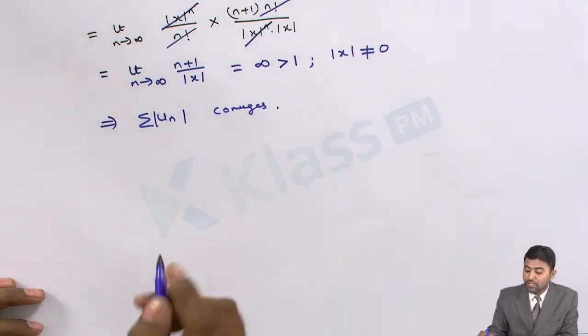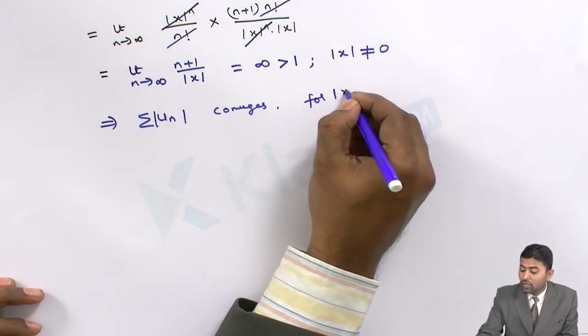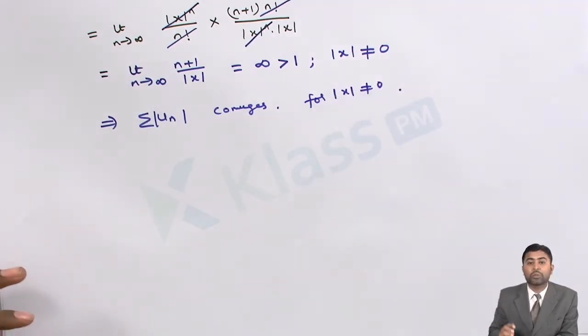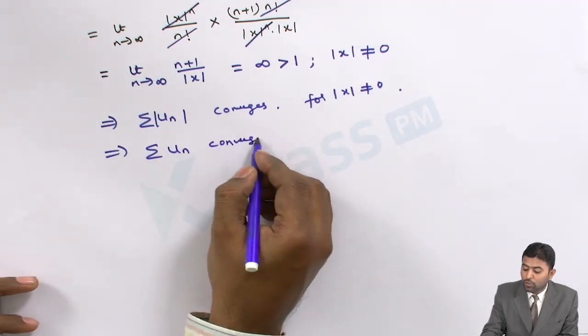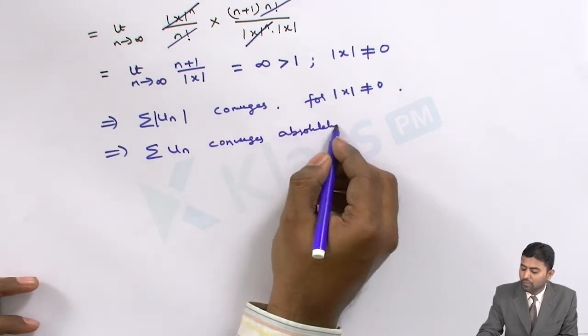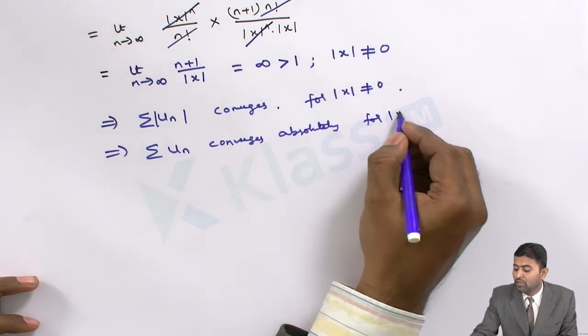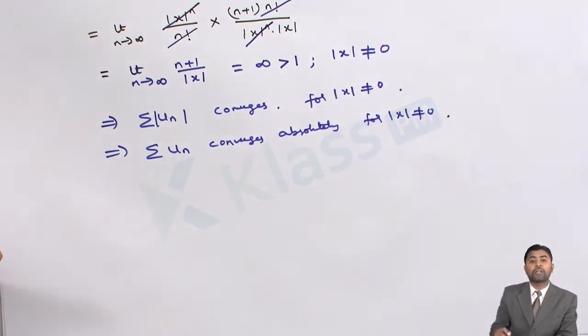Converges for |x| not equal to 0. It implies summation un converges absolutely, for |x| not equal to 0. But what happens when x is equal to 0? We need to check.